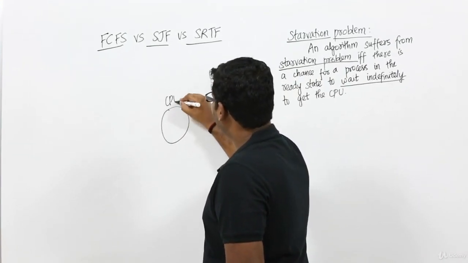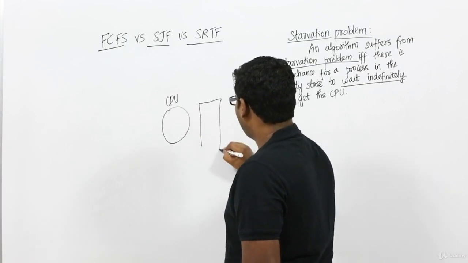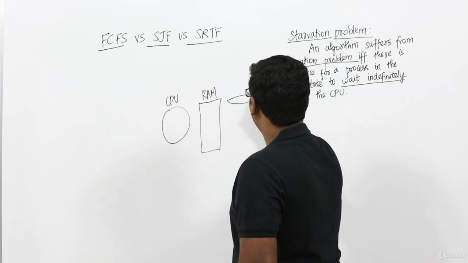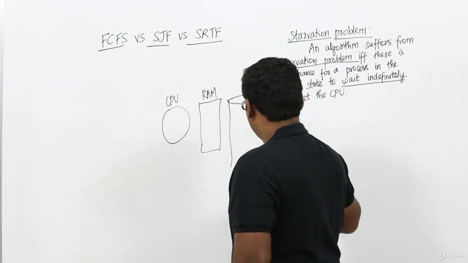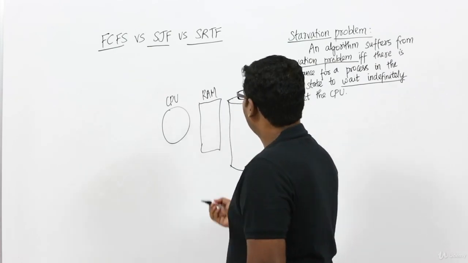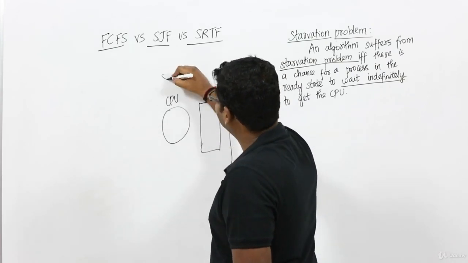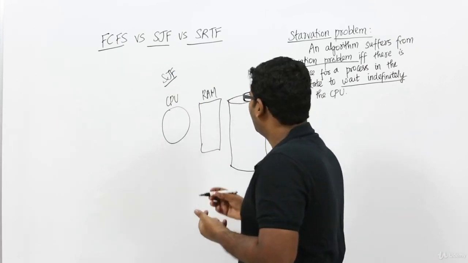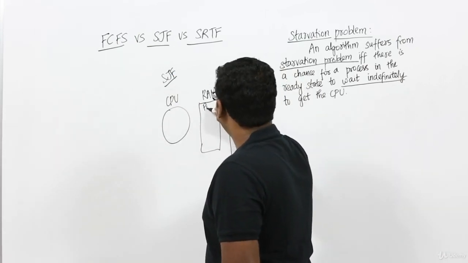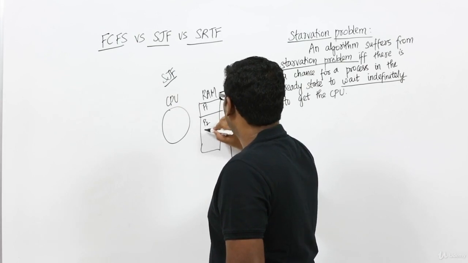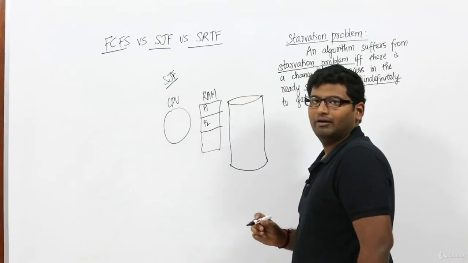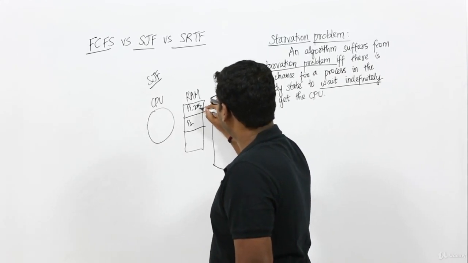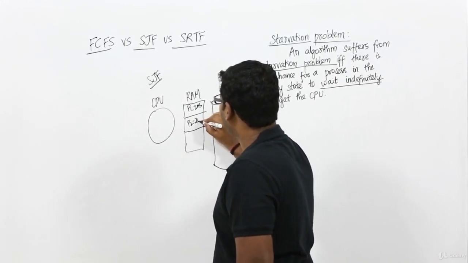Let us assume we have a CPU, we have a RAM, and we have a hard disk. Let us assume we are using the SJF scheduling algorithm, which means shortest job first scheduling algorithm, and that as of now we have two processes P1 and P2 inside the RAM. P1's execution time is 2 nanoseconds, whereas P2's execution time is say 20 nanoseconds.